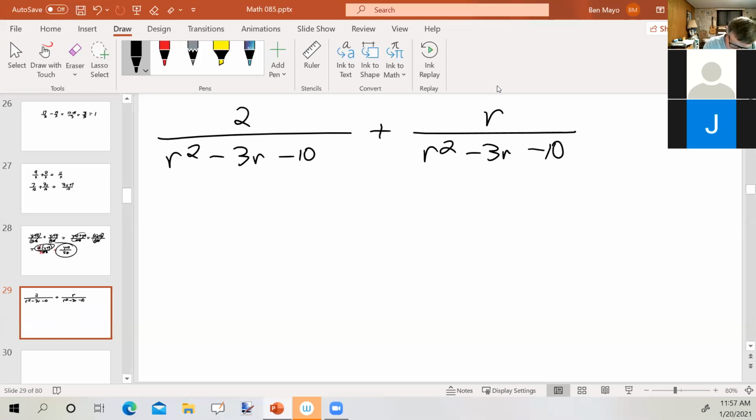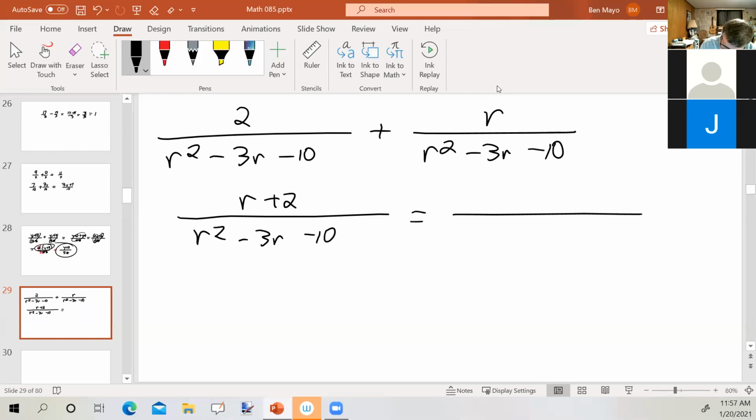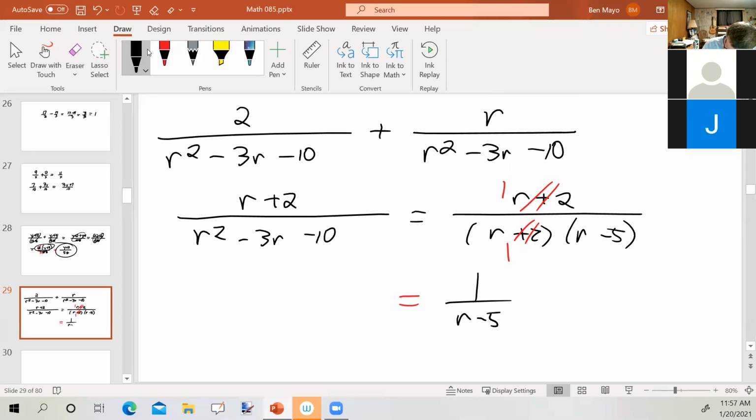So we're going to get 2 plus r, or r plus 2, over r squared minus 3r minus 10. However, I can factor the denominator into r plus 2 and r minus 5. So now I can come back and reduce the common factors and end up with 1 over r minus 5.